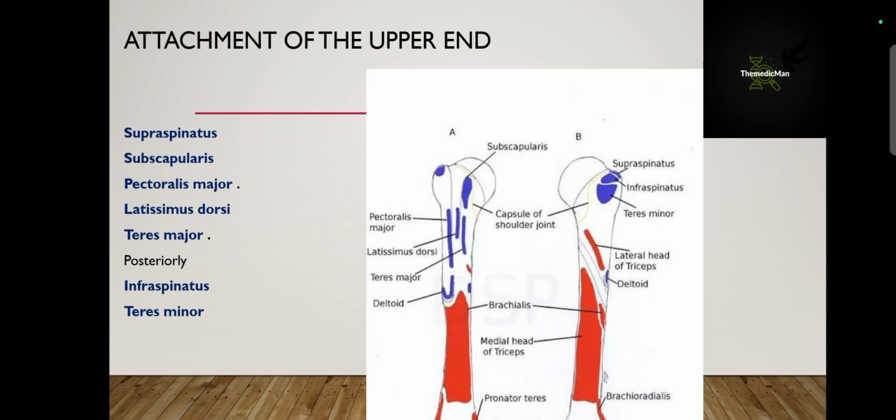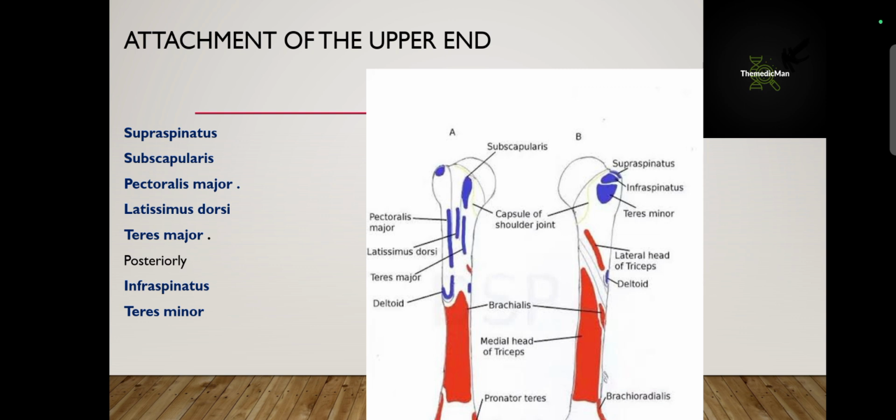The infraspinatus originates from the medial two-thirds of the infraspinous fossa, and it gets inserted into the middle impression of the greater tubercle. Upper impression: supraspinatus. Middle impression: infraspinatus. Then there is teres minor.